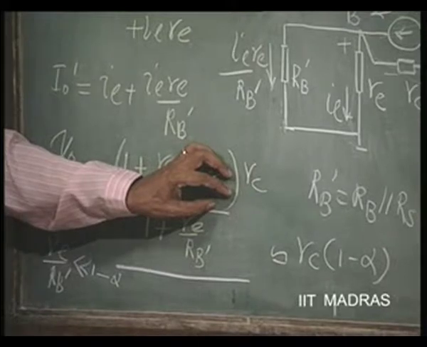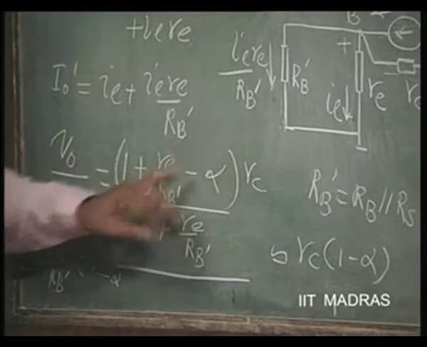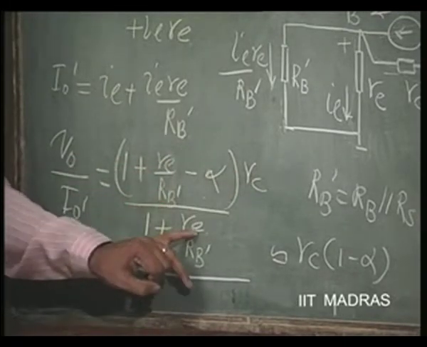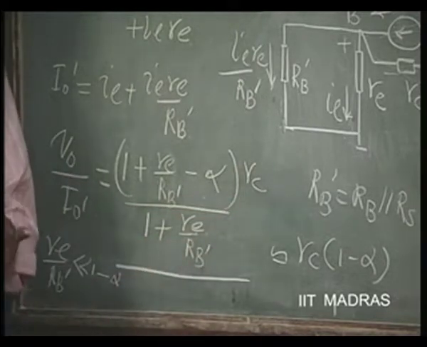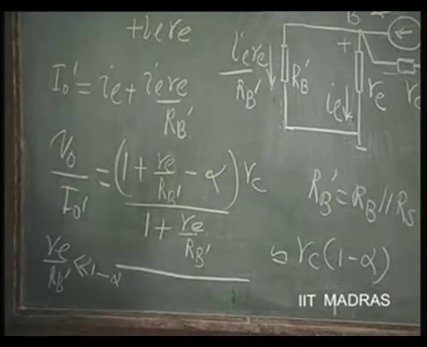1 minus alpha will be negligible, this will be R E by R B dash, this will also be R E by R B dash. So, this will go towards R C, which is called a common base amplifier.